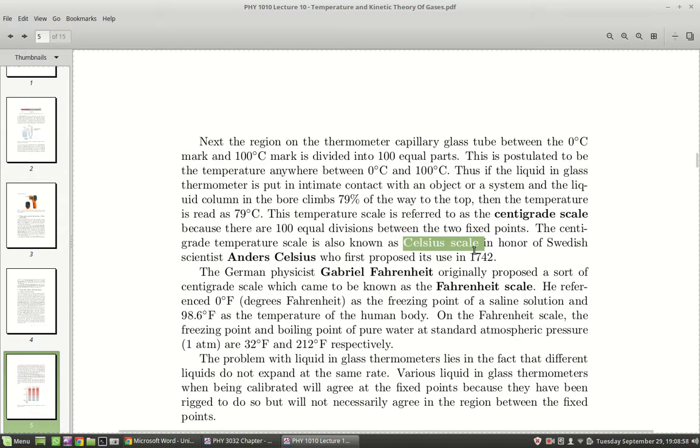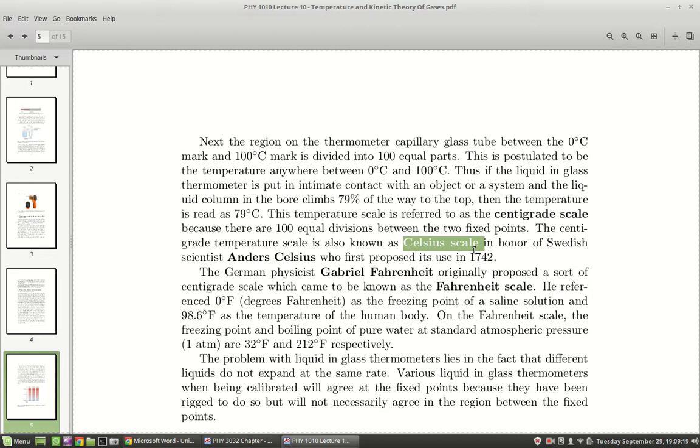There is another German scientist, Gabriel Fahrenheit. He also came up with a kind of centigrade scale, a scale where the lower point and the upper point are divided into equal parts.